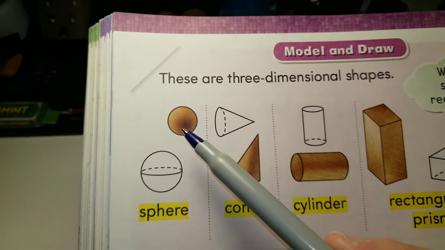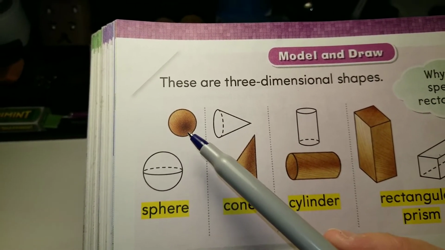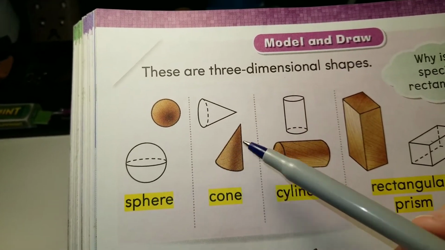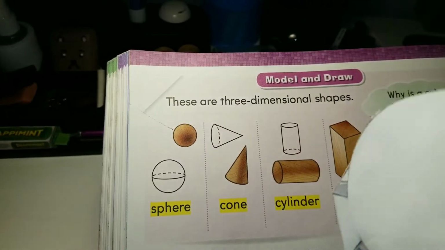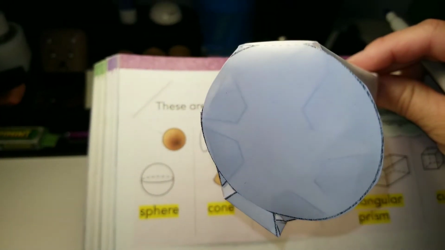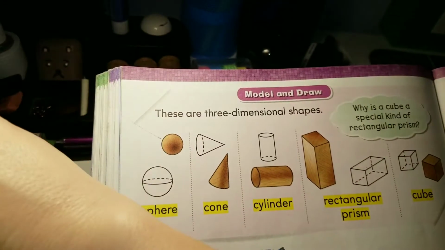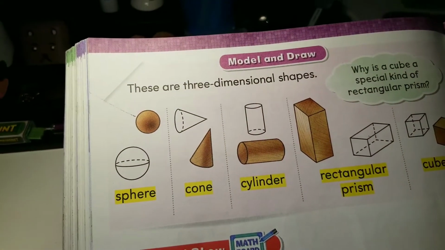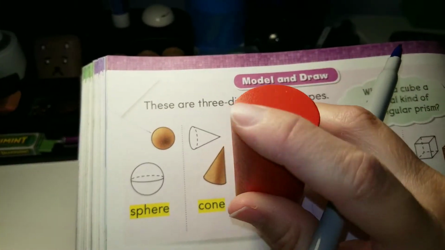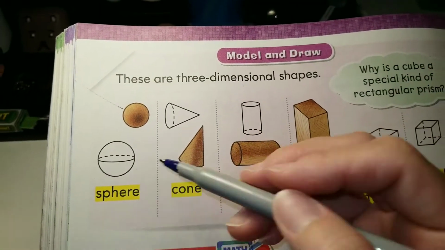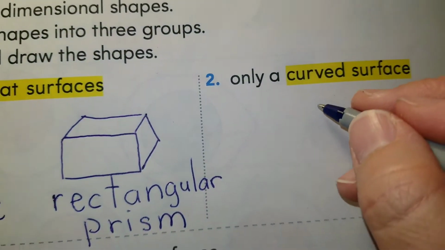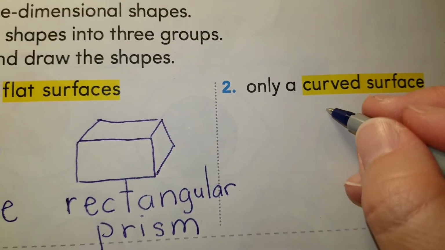Could it be the sphere? Yes, it is. Why not the cone and not the cylinder? Very easy. The cone has a flat surface right here. That's the bottom of the cone. And also the cylinder. The cylinder has 2. So the only one that we're going to draw right now is going to be the sphere. That's the only one that has only a curved surface.